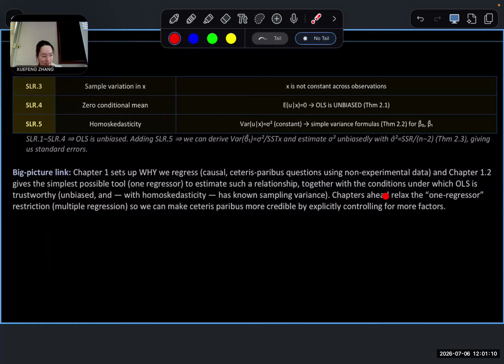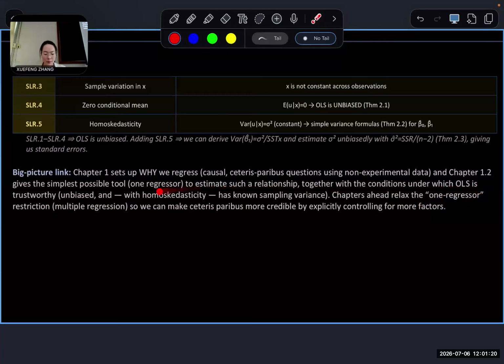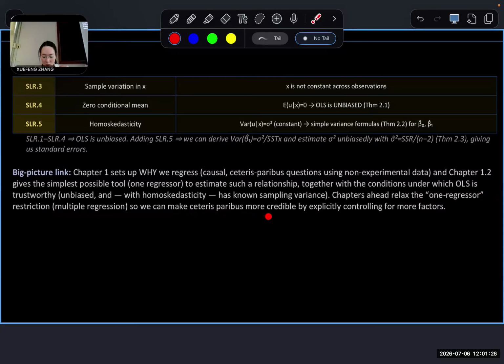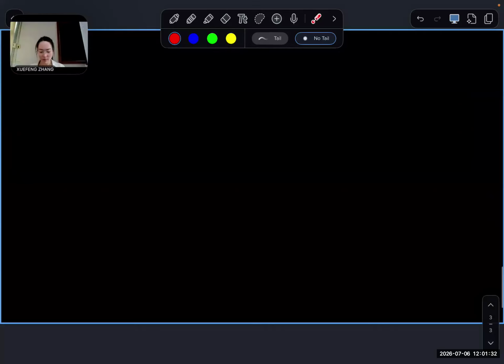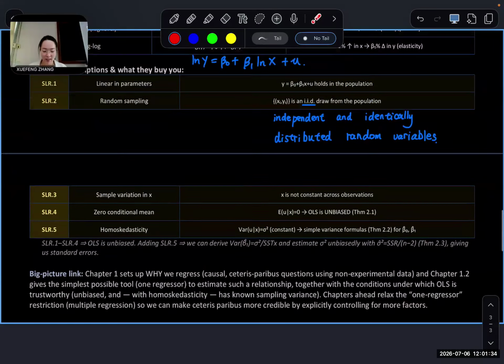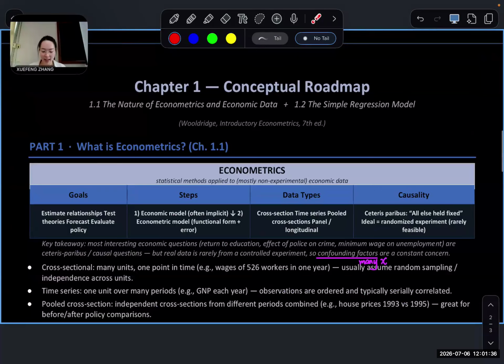Chapters ahead relax the one regressor, okay? Like the next chapter, we're gonna learn multiple regression. That means it's not only one regressor. With multiple regression, we can make ceteris paribus more credible by explicitly controlling for more factors. Okay, that's the summary from my side.